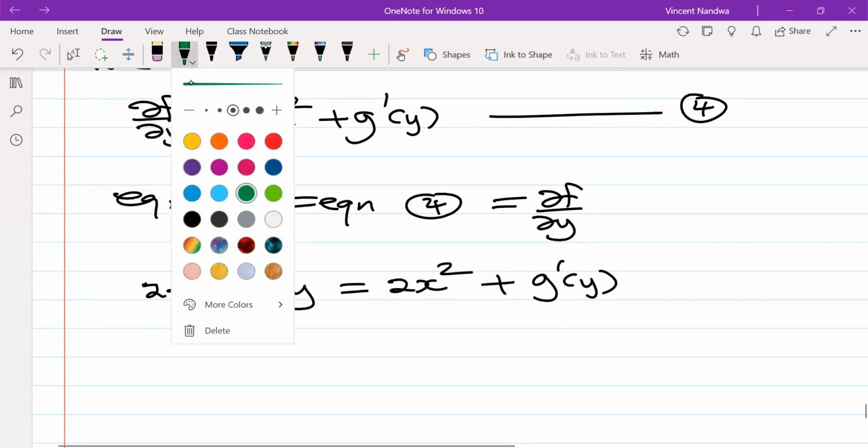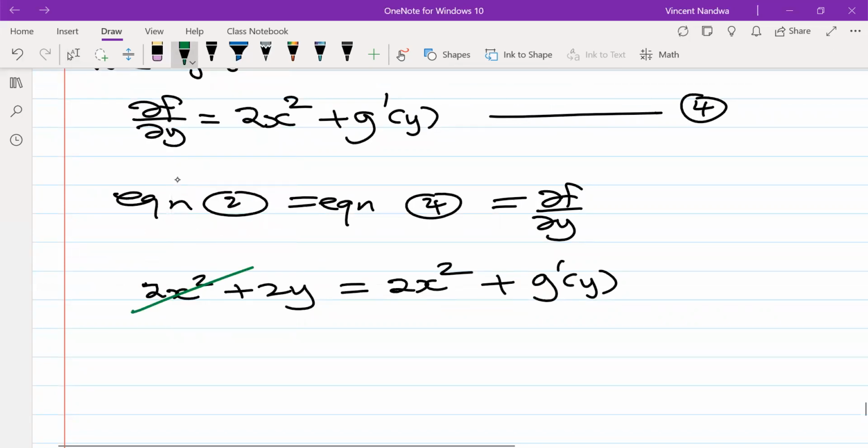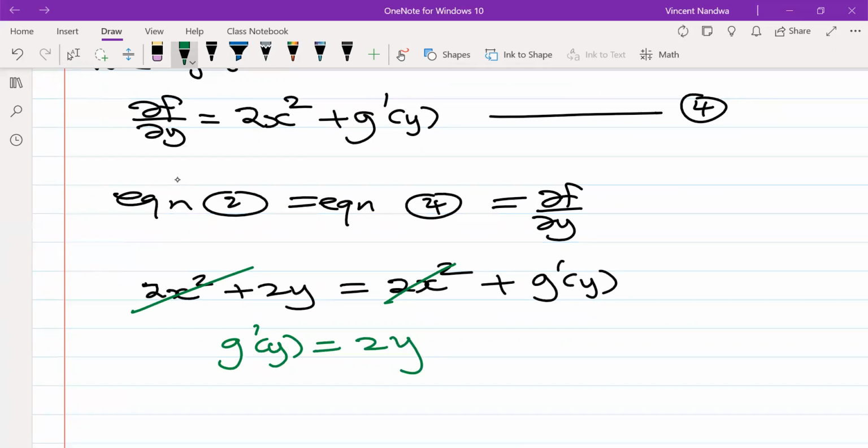Now, common terms cancel out. So this and this cancel out. So g prime of y equals 2y. Call this equation 5.